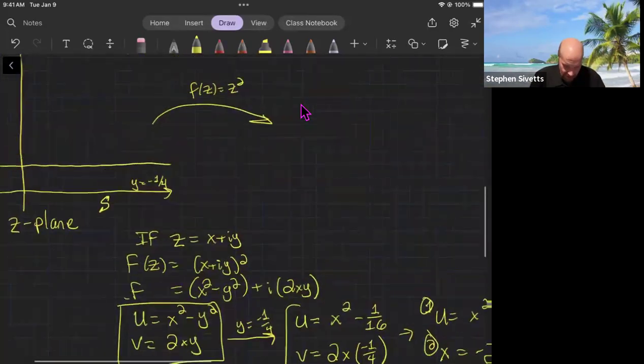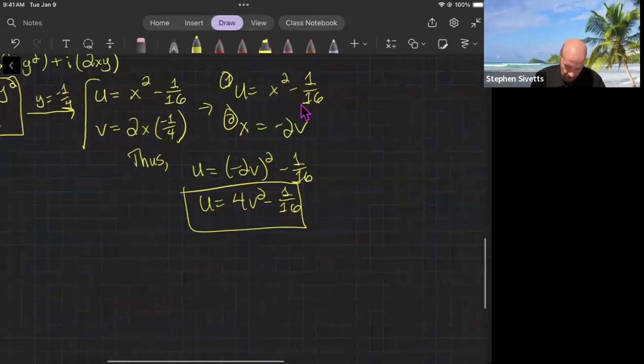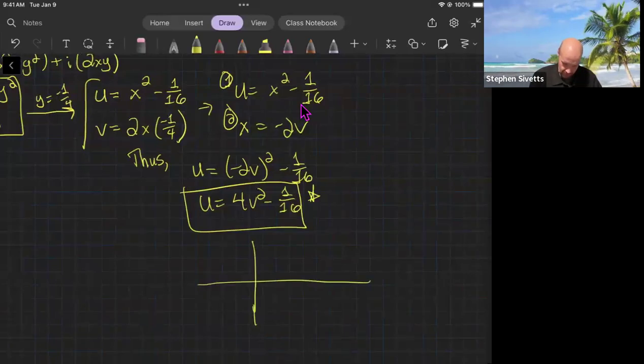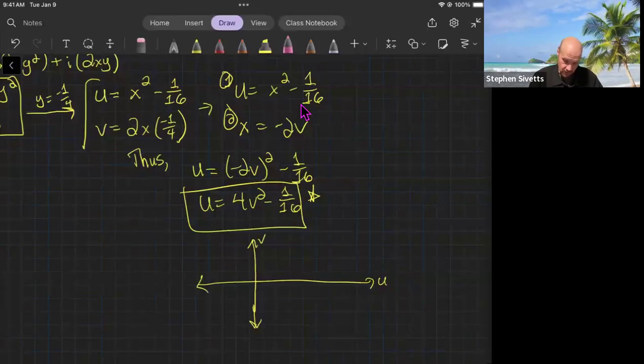So the line y equals -1/4 will constitute a parabola. This is the u and v, the w plane. When v is 0, u is -1/16, so it's right here, and it's going to open that way.